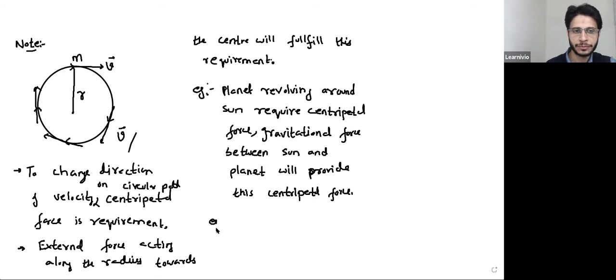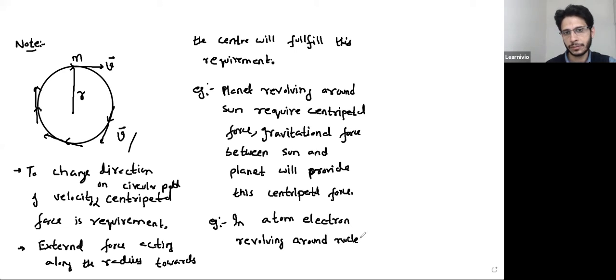One more example. Can you tell me, in an atom, electrons are revolving around the nucleus. An electron revolving around the nucleus requires centripetal force.